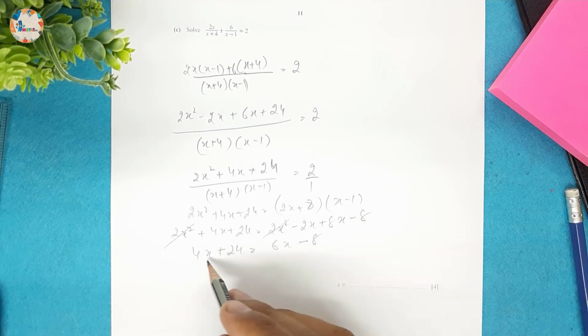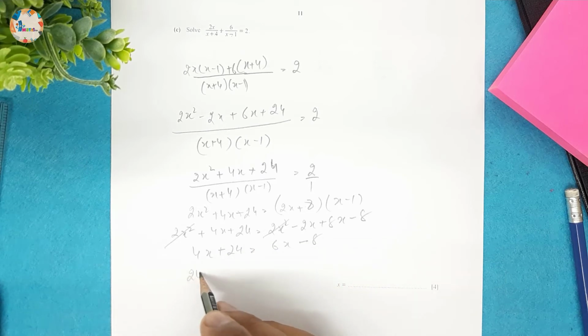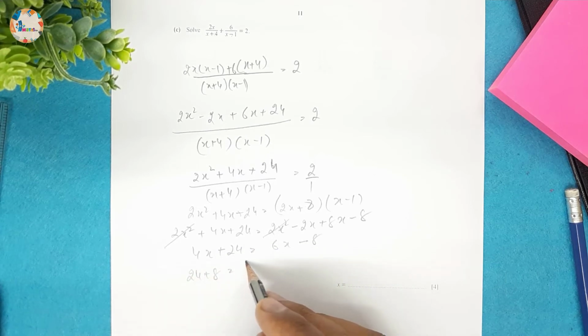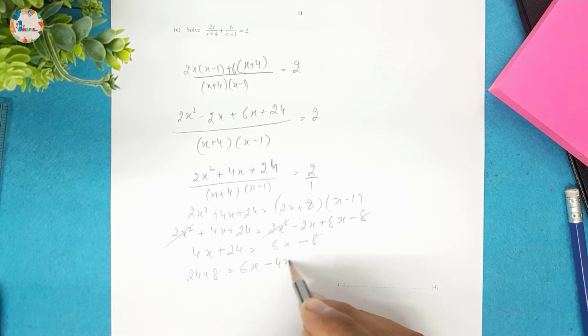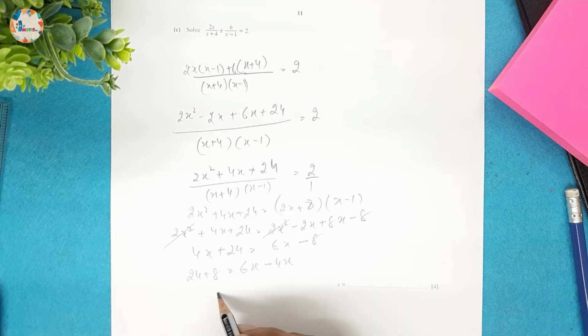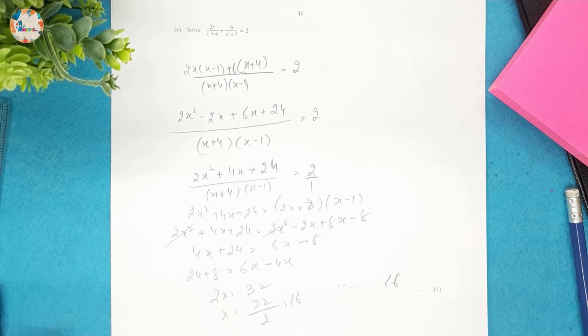So we can shift minus 8 to this side, 4x to this side. So 24 plus 8 is equal to 6x minus 4x. So this will be 2x is equal to 32, and x is equal to 32 over 2, which is equal to 16. So we can write it as 16.